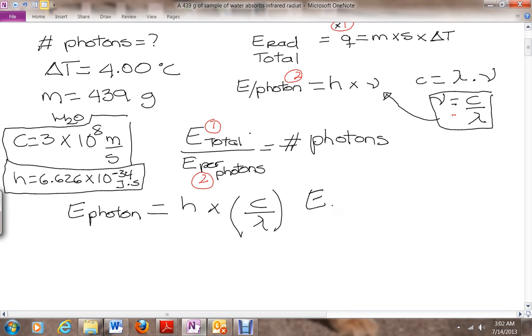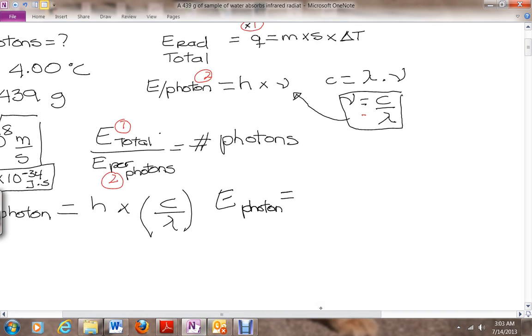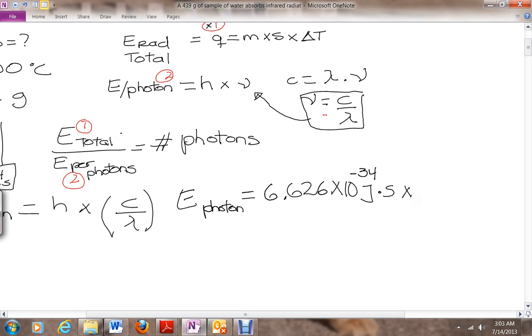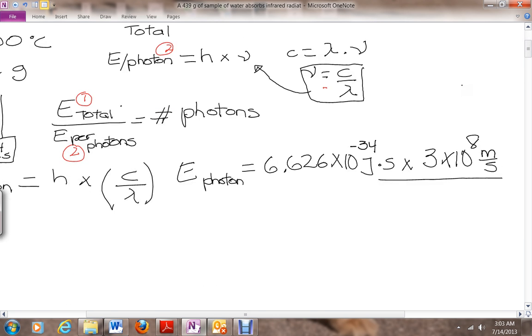So the energy per photon would be equal to H, which is 6.626 by 10 to the minus 34 joules per second, multiplied by the constant C in meters per second, divided by the lambda we found here, which is 1.09 by 10 to the minus 5 meters.